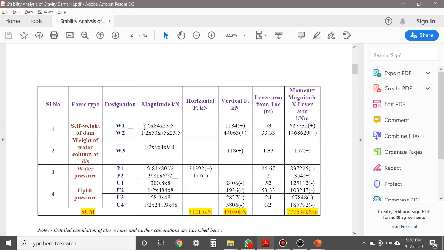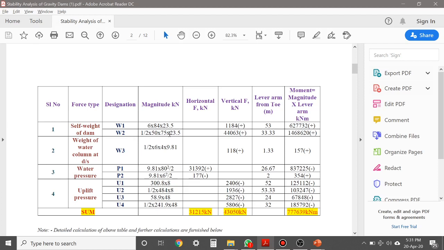Again, you know that the magnitude of W1, this calculation is actually explained previously, and you know that it is a downward force. Since it is a downward force, its magnitude is entered here. According to our sign convention, it is a downward force, so its sign is positive. Similarly, the magnitudes of W2 and W3 are written here.